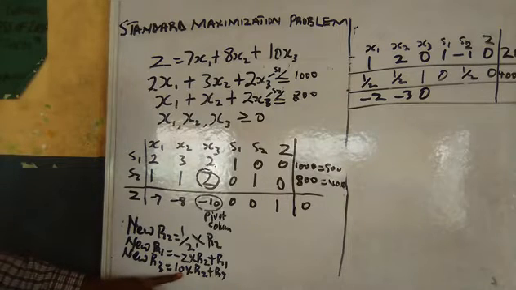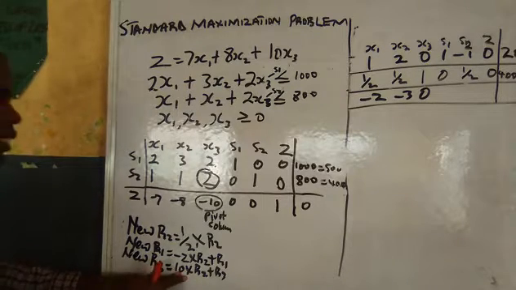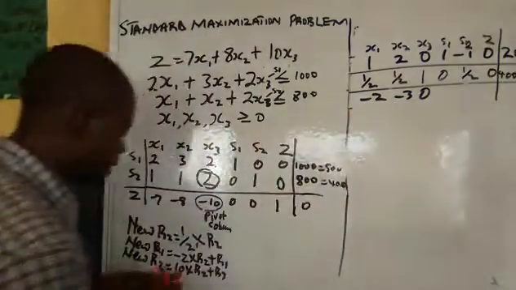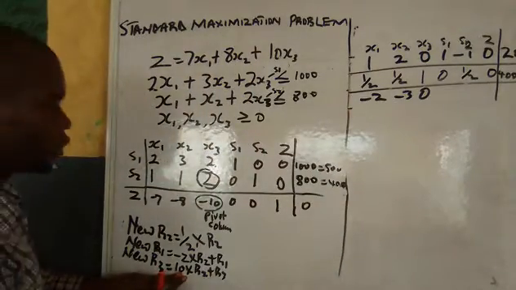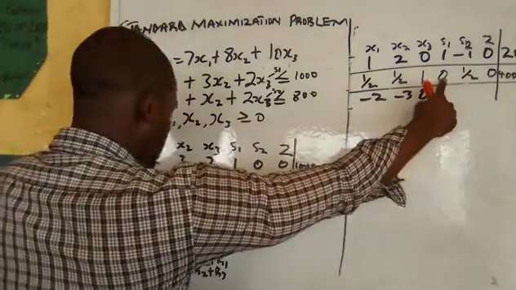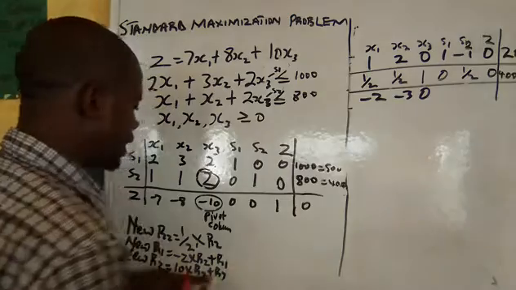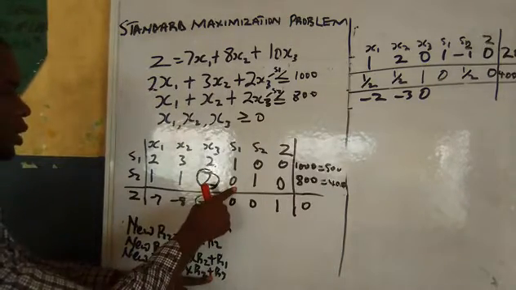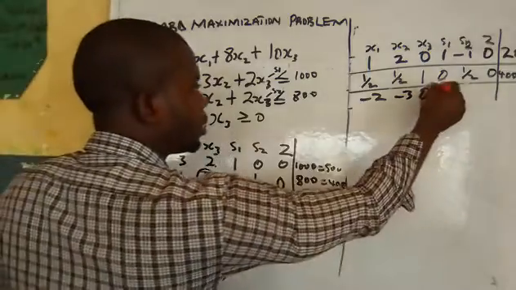Now we take this again quickly. 10 times, we are solving for S1 now. S1. 10 times this is going to give us 0. Then 0 plus 0 here is going to be 0.